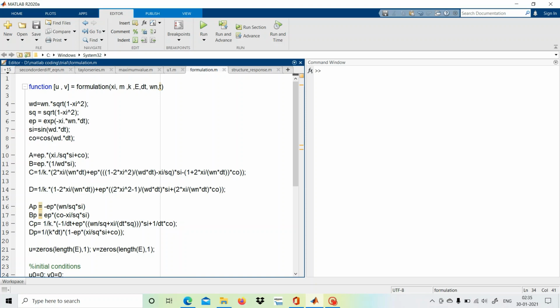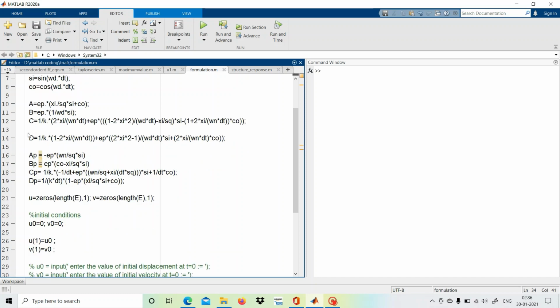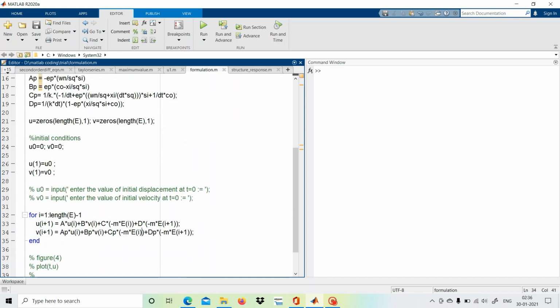Similarly, this shorthand of sqrt we have written as sq, and ep is the exponential of minus i omega n dt. Similarly psi, and all these values we have written as a, b, c, d. In the last lectures we have seen all these values, a prime, b prime, c prime, d prime, we have taken these values, and then we have just formed u and v column matrices here.